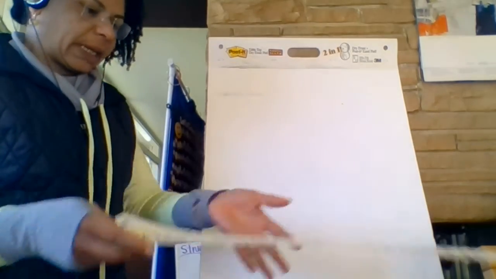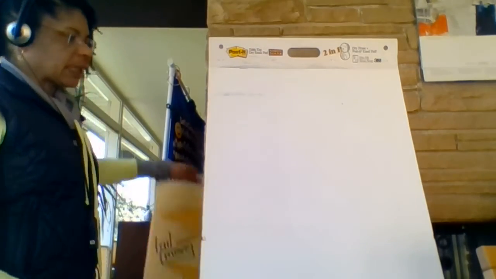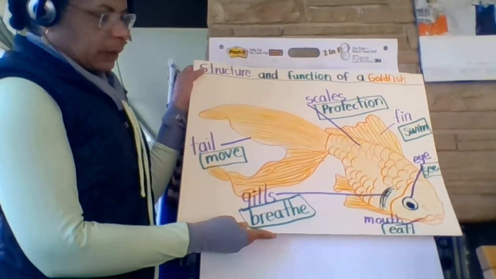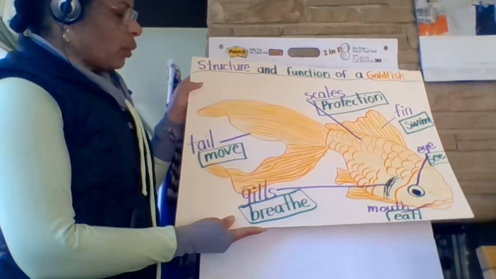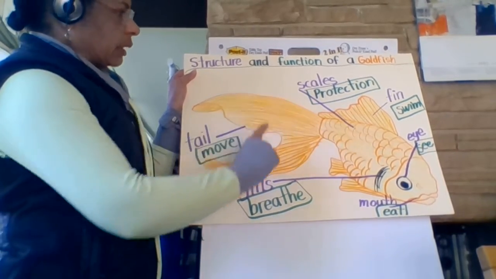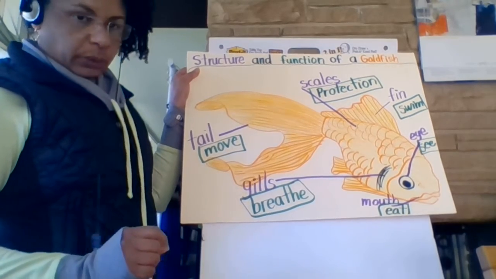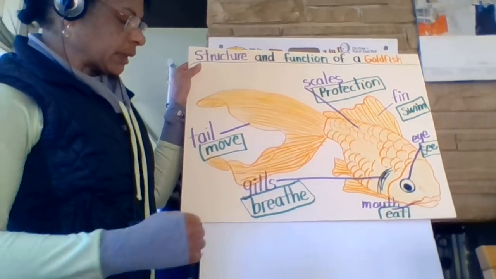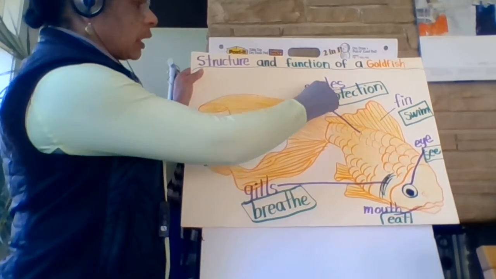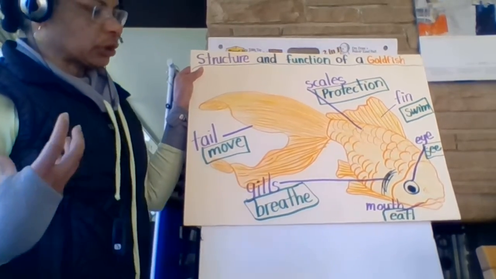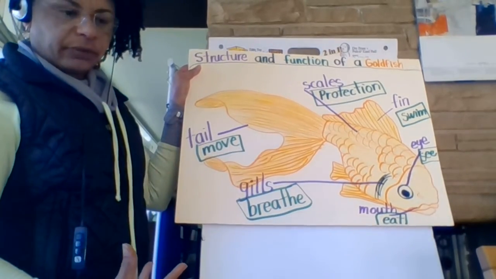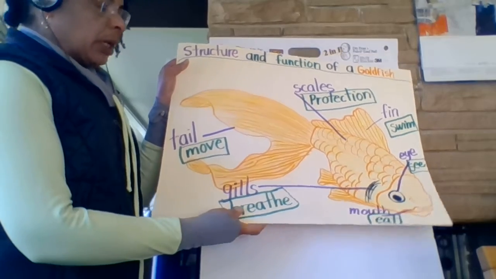And I went ahead and created a scientific illustration of a goldfish that looks like this, where I label the structure of the goldfish, meaning the body parts, and then I explain what those structures function was. We completed the tutorial and I review with you.